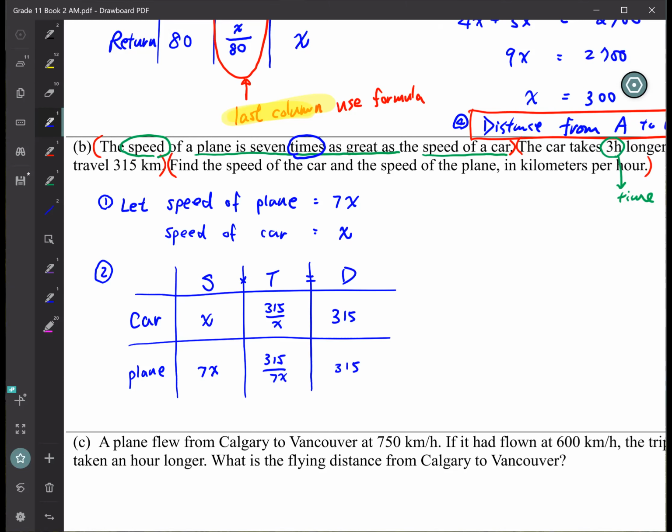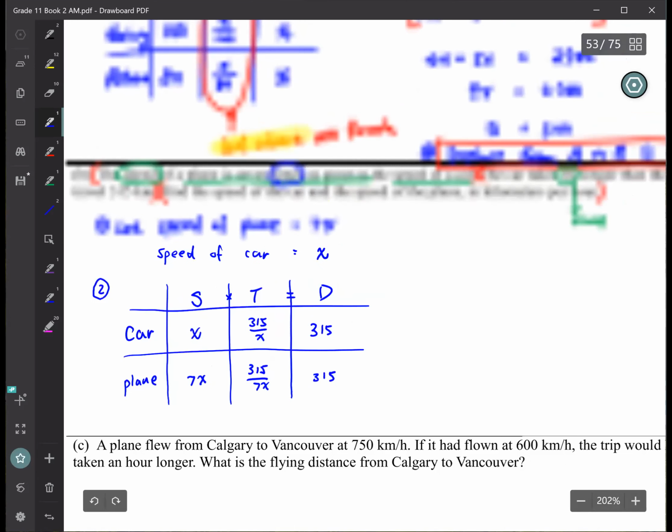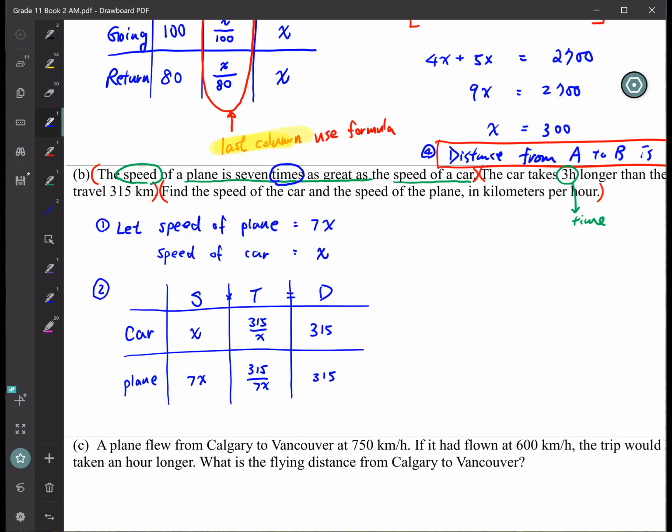Is that what you got, Aaron? Yes. Okay, does anyone have questions about how these are found? You have to ask me. Does everyone have the same?